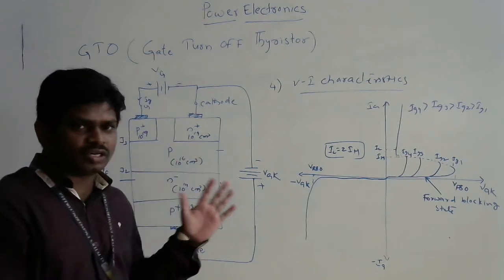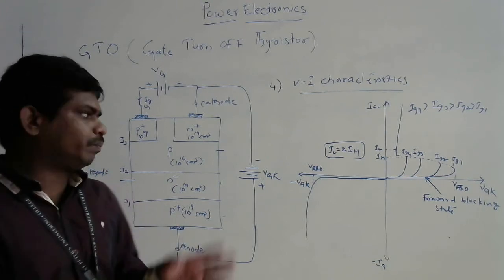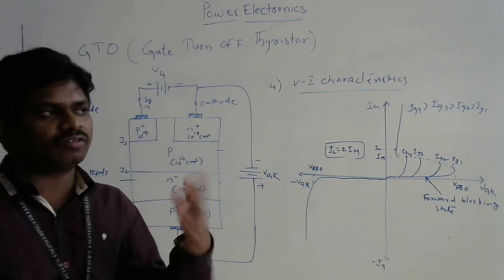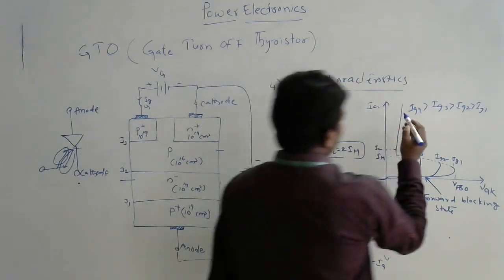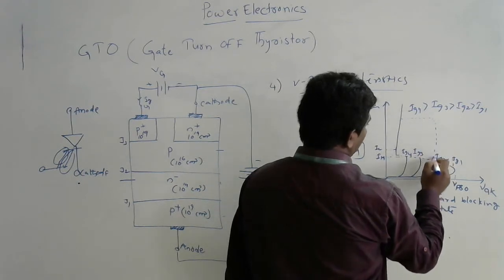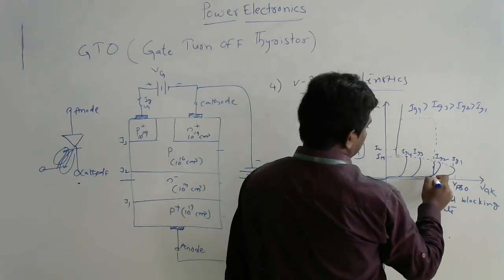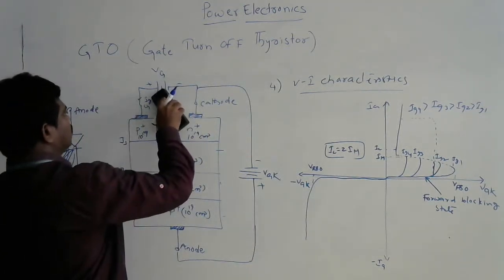But when you use the GTO, you don't require any external circuit to bring the device back into the forward blocking state. What happens if I apply a negative voltage across gate and cathode?